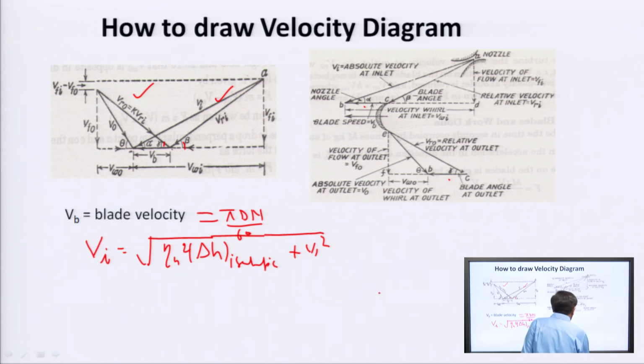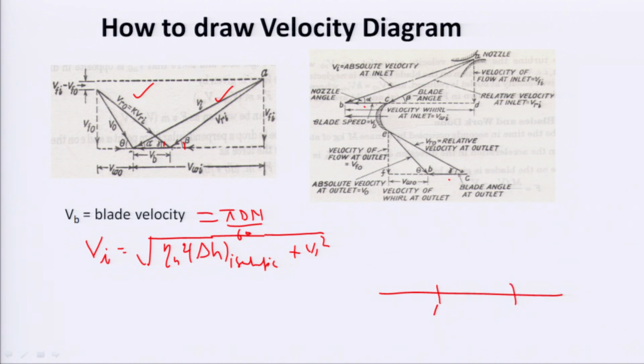First step, draw a horizontal line, cut a line segment A B equal to the magnitude of the blade velocity. At an angle alpha, draw a line from here and cut it with the magnitude of V I, which is known to you. Then we join this point to this, which represents V R I, and this is the blade angle at the inlet.